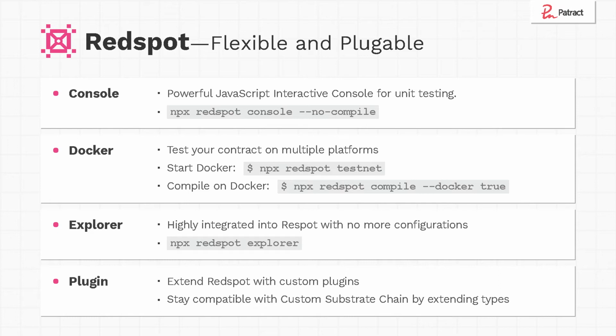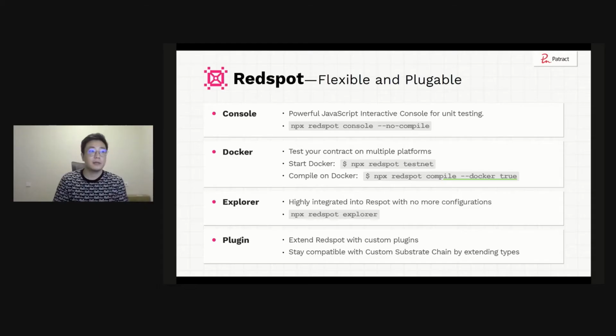It also comes with a very powerful JavaScript console for integration testing. You can use this console to control the blockchain operations, such as forwarding to a certain block or reverting it. Also, before you write any detailed testing code, you can always play with it in the console, understand how Redspot works, and get a sense of how you're going to test your contracts.